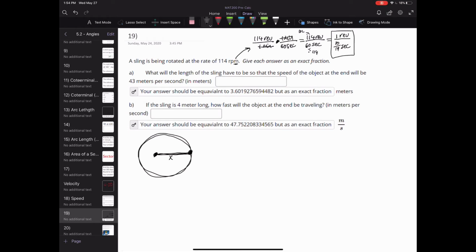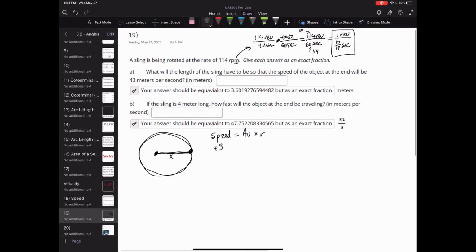Okay, that'll be important, because we know that speed is equal to angular velocity times radius. Now we know that the speed is 43 meters per second, and the angular velocity is, well, we have one revolution happens in 10/19ths of a second.